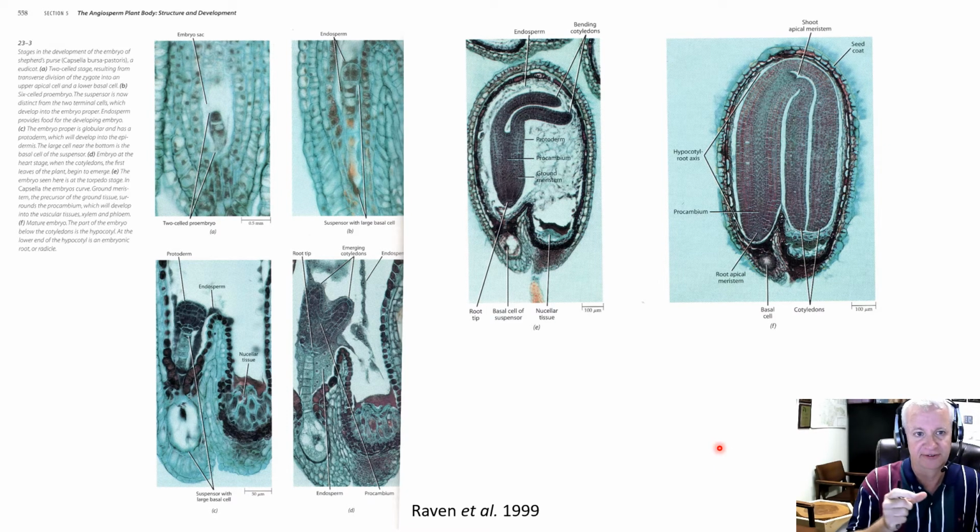So that's when the embryo is fully developed, as in this image here. That's the point of maximum mass. So if you were monitoring a seed crop, for instance, you could sample the seeds over time and determine when that seed has reached maturity.